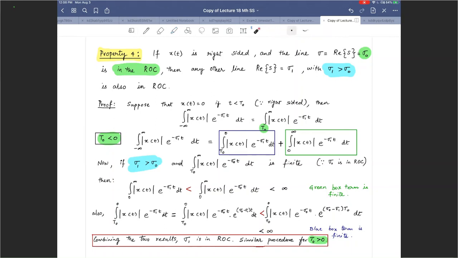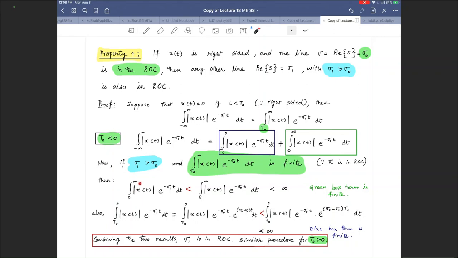If sigma 1, a vertical line at sigma equals sigma 1, is greater than sigma 0, and the integral of t sub 0 to infinity, absolute value of x of t e to the minus sigma 0 t dt is finite. Can we assume that? Yes, we can, because we have said the line sigma equals sigma sub 0 is in the ROC, so that has to be finite. Then let's go back to the green box here.